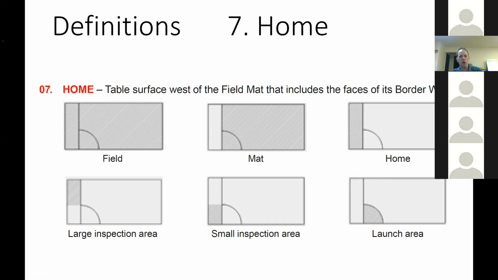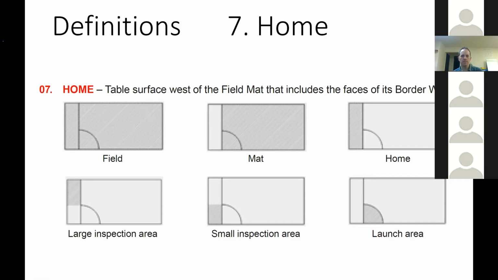So home doesn't include the thin black line on the mat. So it has to be completely off the mat. And that's again why if you're putting tape down, you don't want to put a solid strip of tape the entire way. You want to put little sections of tape.